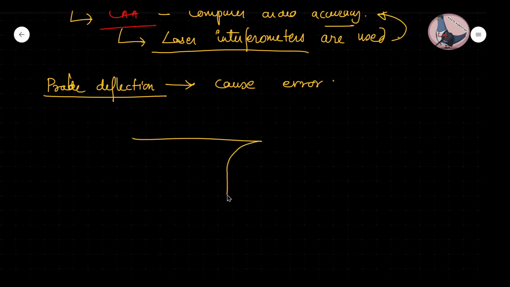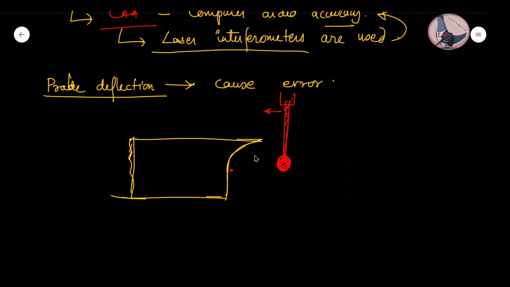Suppose you have a job of this sort. Okay, this is your job. Now you have a probe of this sort. This is the ruby tip. This is a stylus, and this is the probe head, and then this has to move, and this has to contact this point for the measurement.